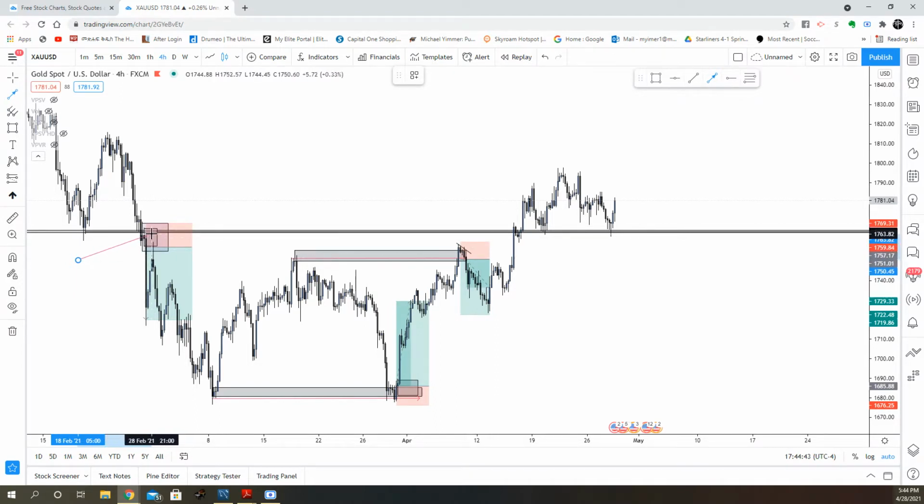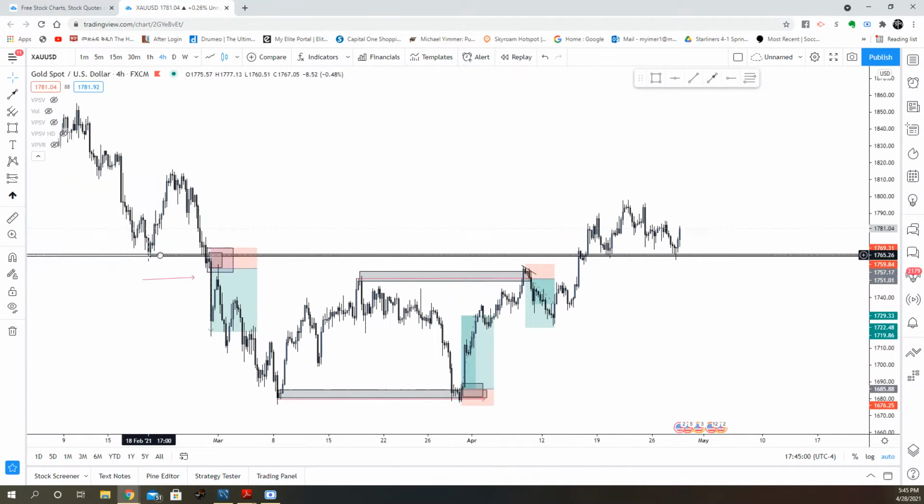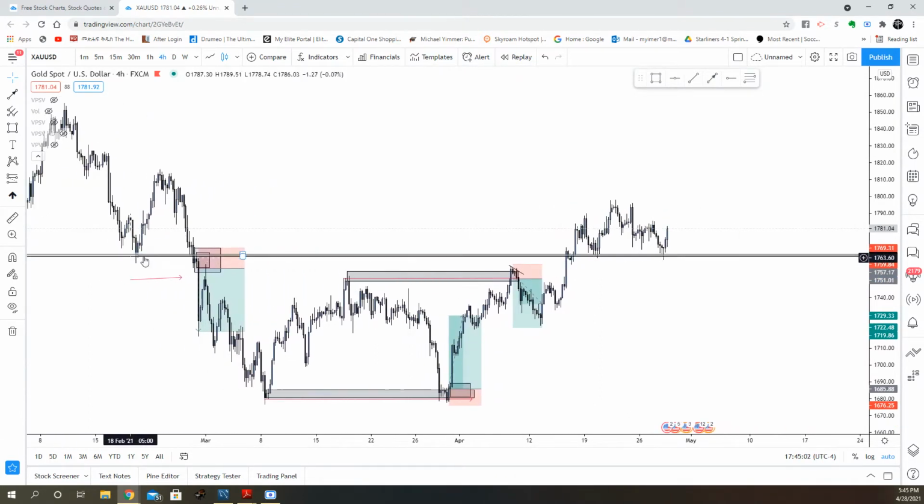it's really important, especially on gold, to map out your key levels and supply levels for future targets when price comes to that zone. So I already mapped out my, let's call it, support.